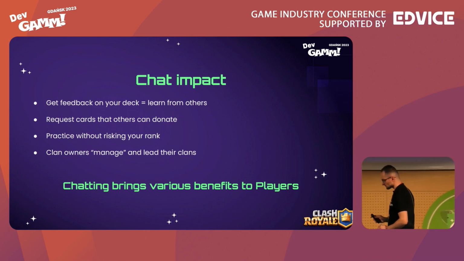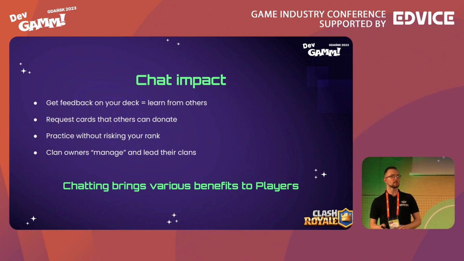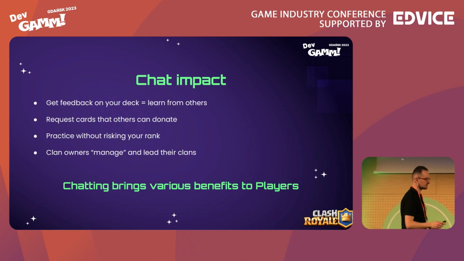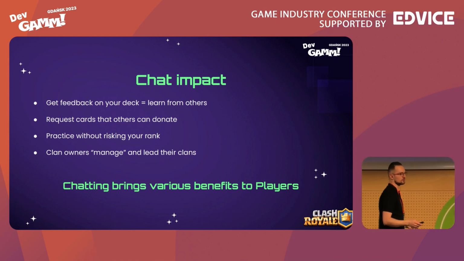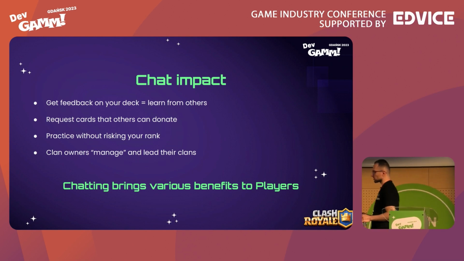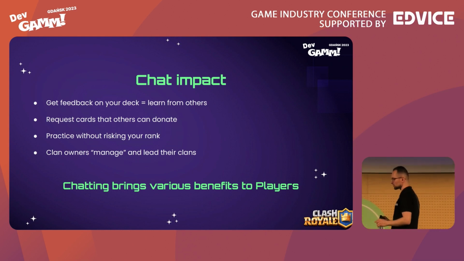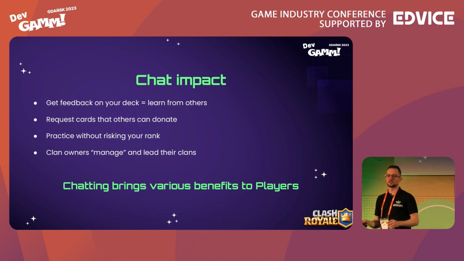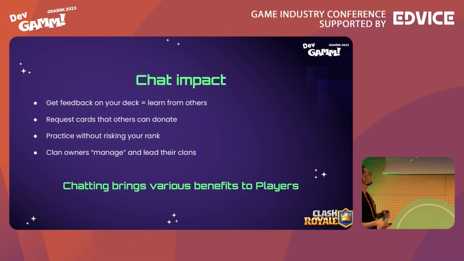Requesting cards: obviously, you could just blindly request cards and not really care. But if you request a card that other players cannot donate to you, then you just wasted a request, okay? And each request has a timeout. So if you coordinate what other people can donate to you, then you can really benefit from it, okay?